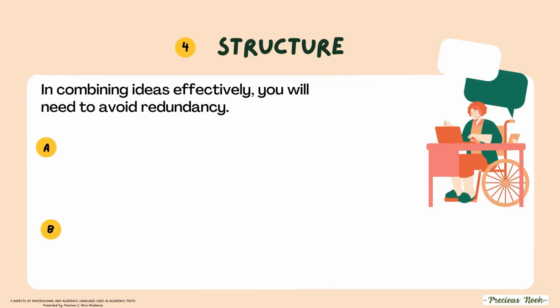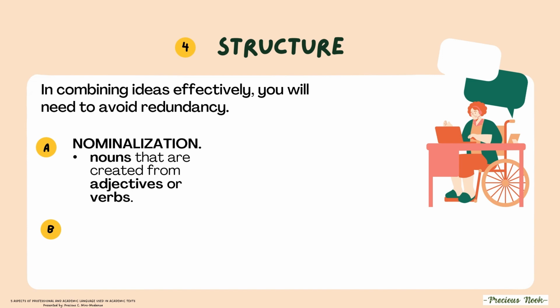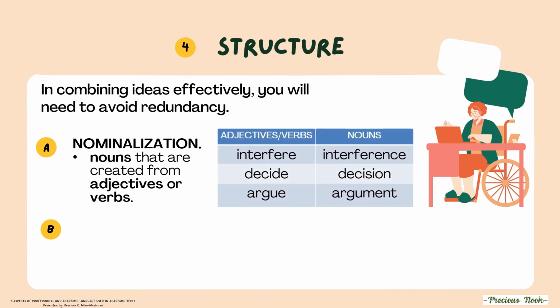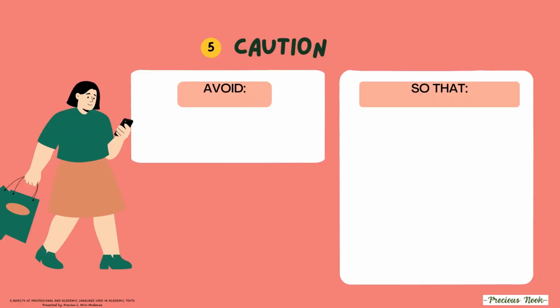In structure, our focus is to avoid redundancy by creating more nouns. Also, it is helpful if we write sentences using passive voice. I will explain this further in my next video. We also need to be cautious. And how should we do it? Avoid sweeping generalizations.